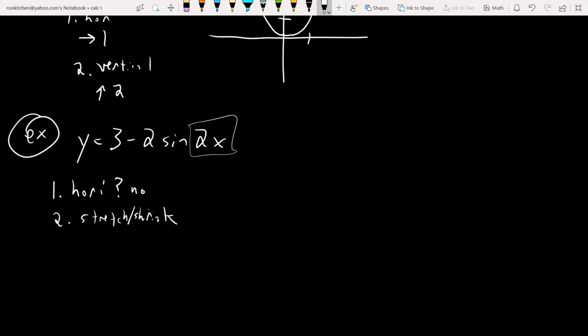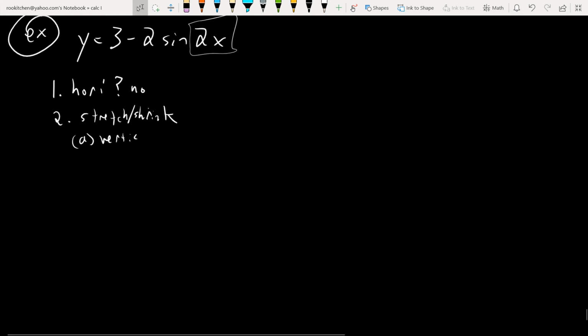Heck yeah. So first, the vertical. What is that? That's just the amplitude. Here our amplitude is 2. On the outside, that 2 times the sine is going to give you a vertical stretch by 2.